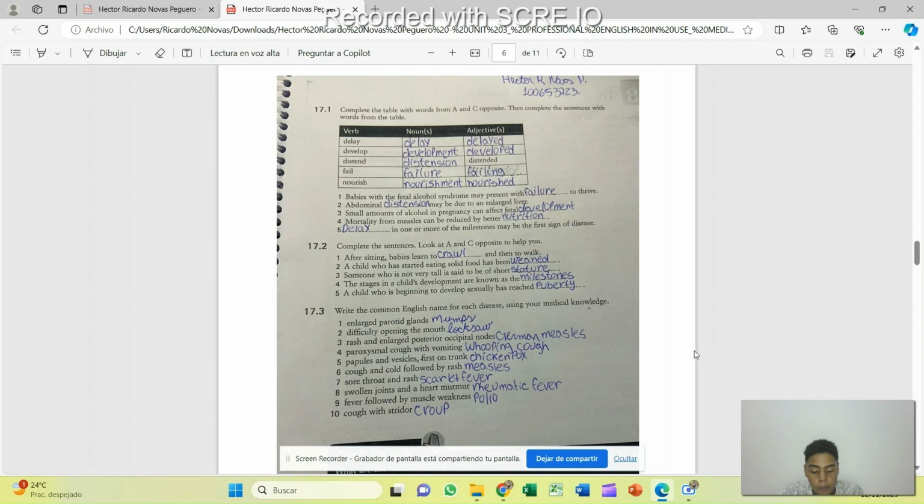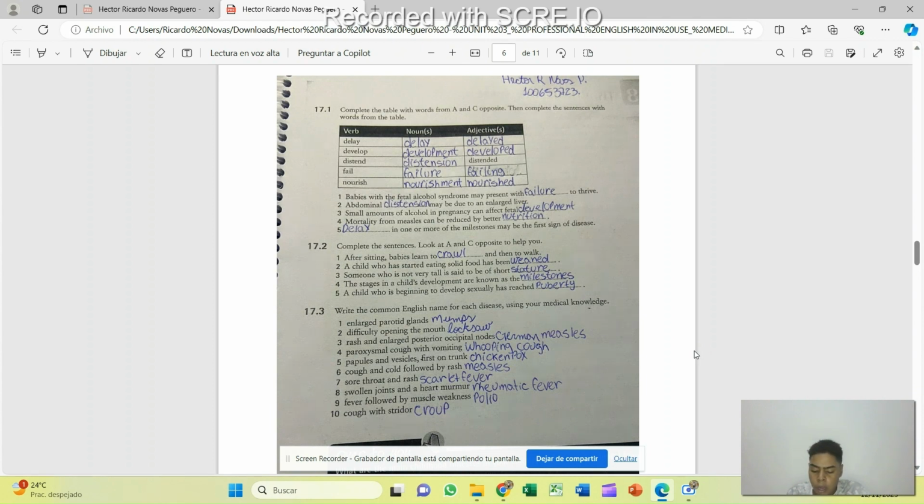17.2. Complete the sentences. One, after one year, and after teething, babies learn to crawl and then to walk. Two, a child who has started eating solid food has been weaned.